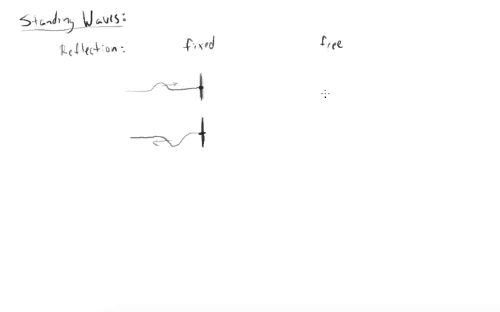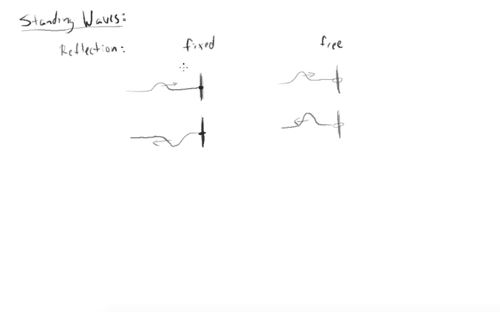For a free boundary, we want to do something similar. We have our pole here, but instead the string is tied loosely around it so that it can actually move up and down itself. And so we have a similar wave pulse coming in, headed in this way. And what will happen is when it hits here, this little knot will go up and come back down, and then it actually sends back the pulse, but this time it's non-inverted.